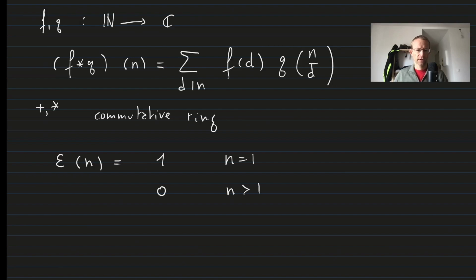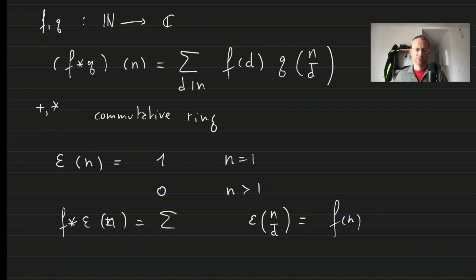So then clearly we have that f star epsilon of n is equal to the sum over divisors d of n of f of d times epsilon of n over d, and that will only be non-zero if d is n. So we basically have f of n, and therefore indeed epsilon is the unit in the Dirichlet ring.